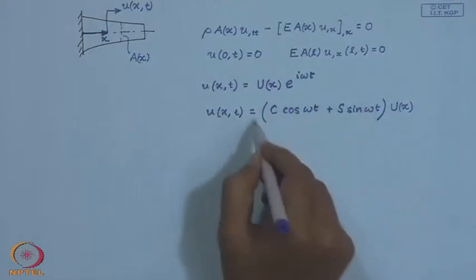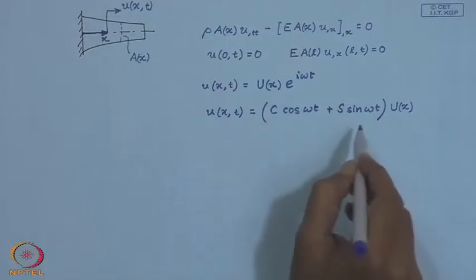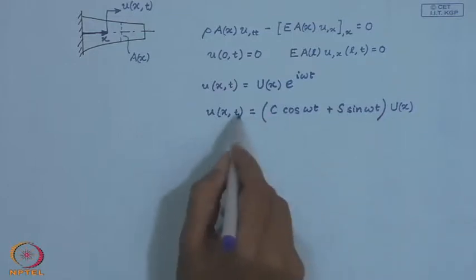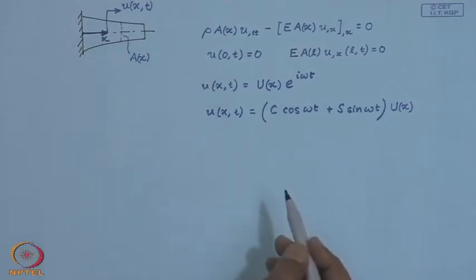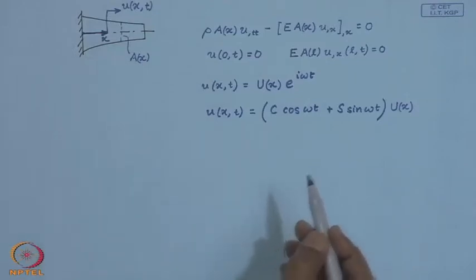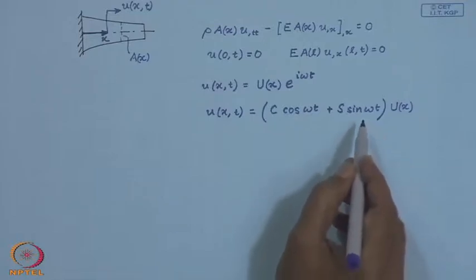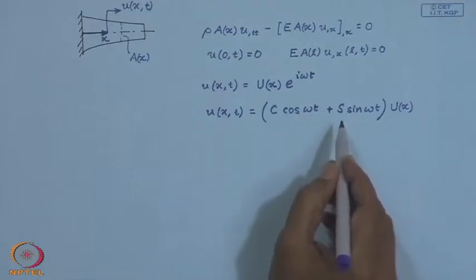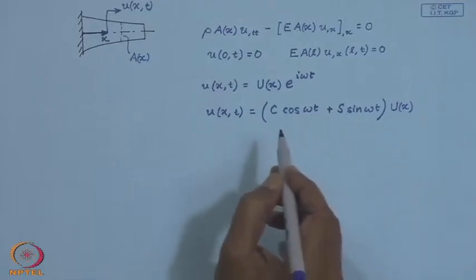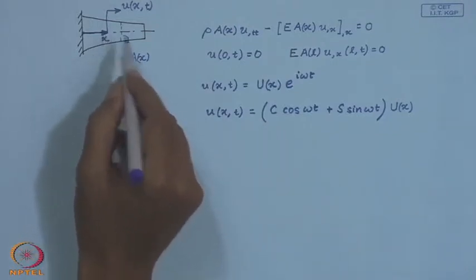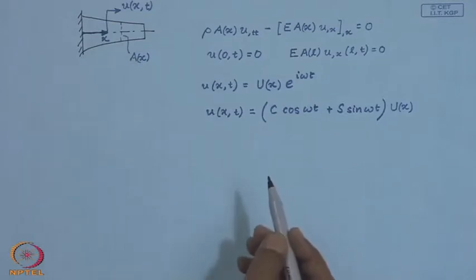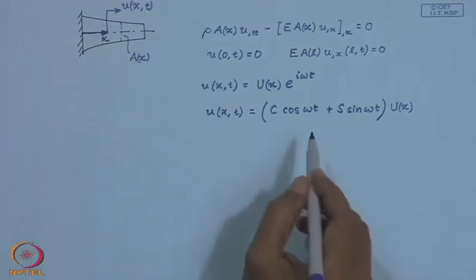The time instant when this temporal function is 0, the whole solution is 0, which means the bar is in its equilibrium state. So, all points will pass through the equilibrium point at the same time. Then we observed that phase difference between any two points on the bar is either 0 or pi.